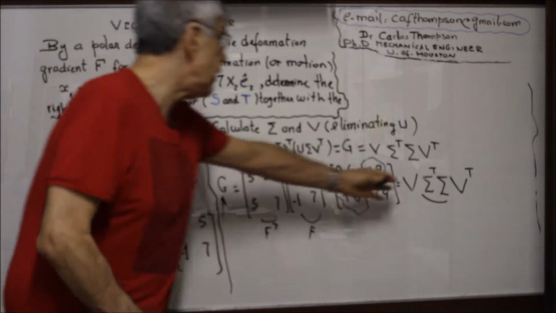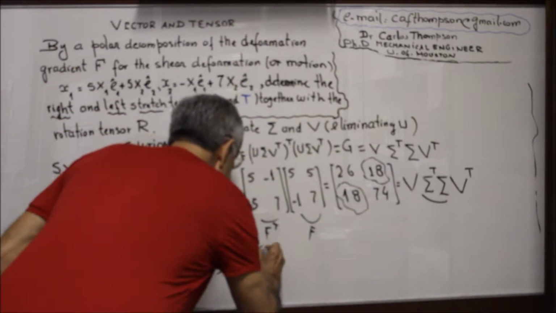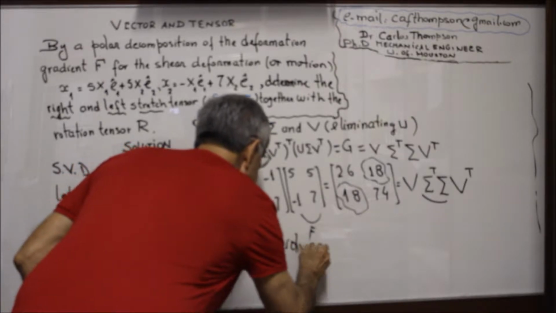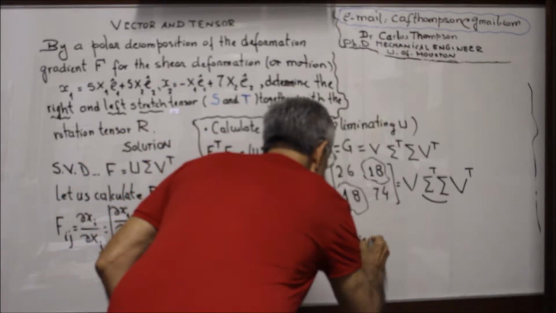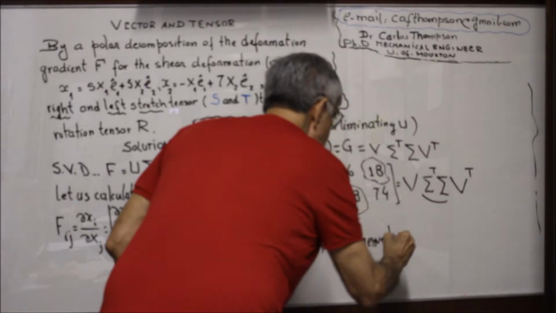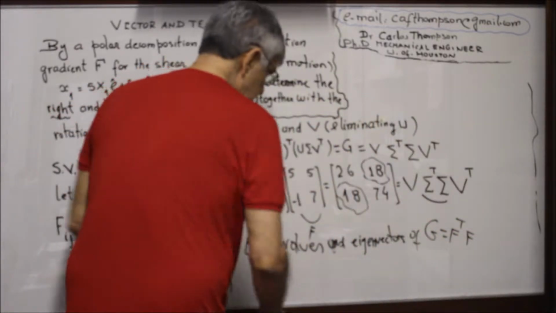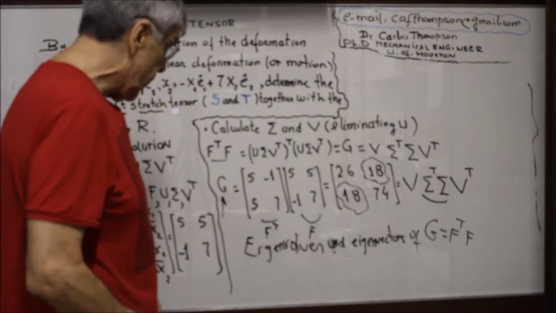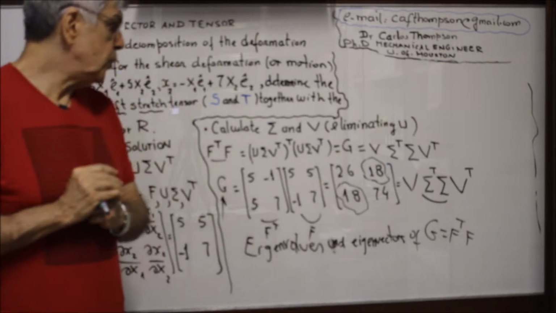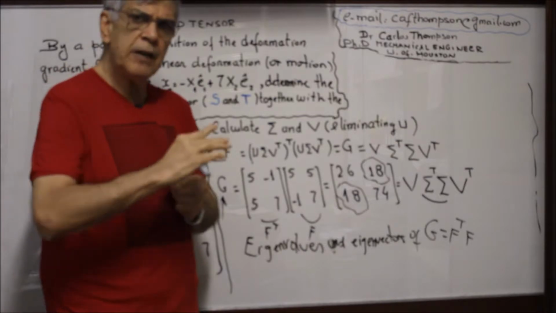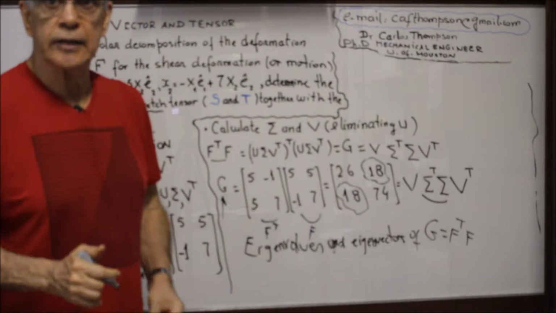We can calculate. The next step is to find the eigenvalues and eigenvectors of G, equal to F transpose F. Now, if you have some difficulties, please go to the examples that we did in many lectures, solving eigenvalues and eigenvectors of a given matrix.